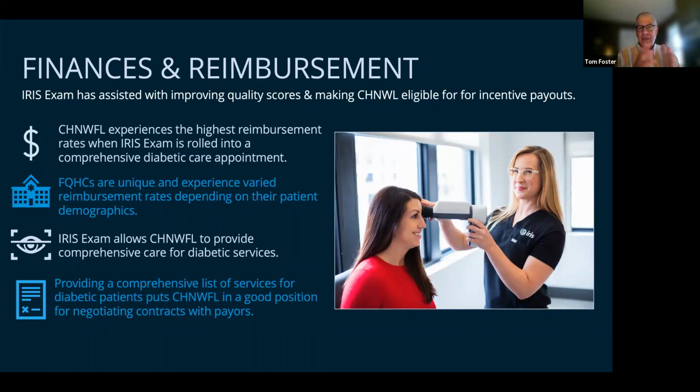So if we can catch folks earlier, we're avoiding those downstream costs of catching that pathology later, of them potentially going functionally blind, that increases the cost of caring for that patient dramatically, obviously. So if we can avoid those costs, that's another area where people look at in terms of reimbursement.